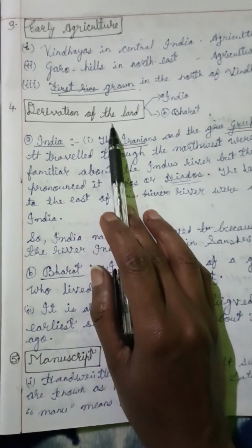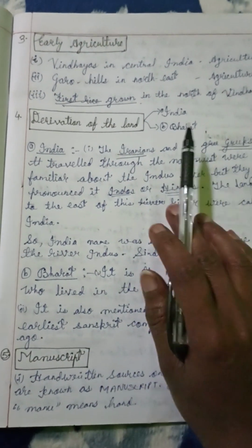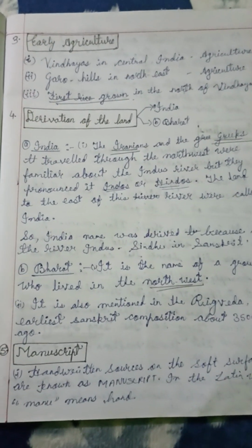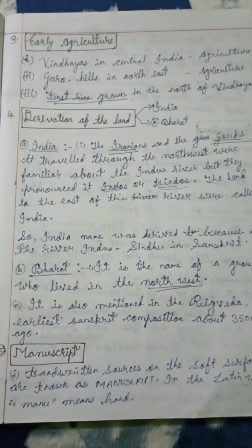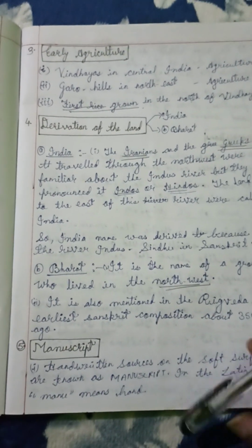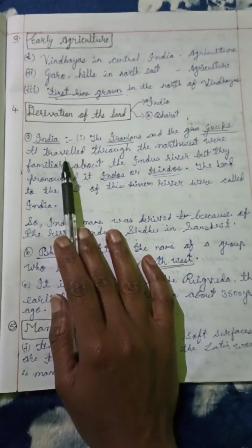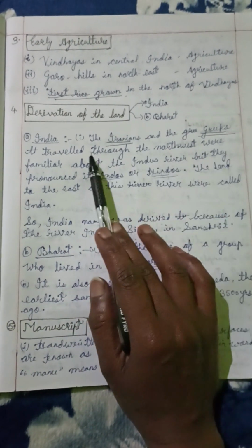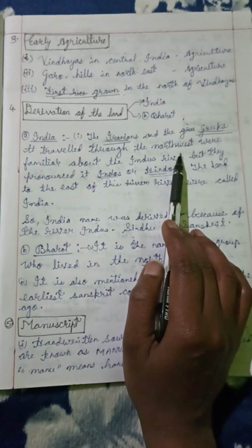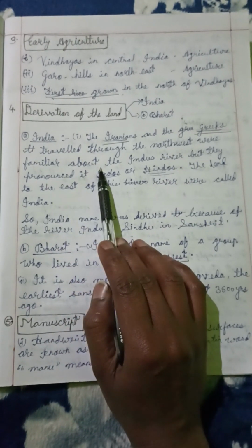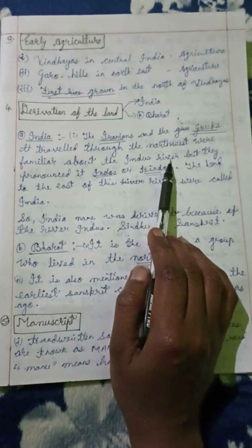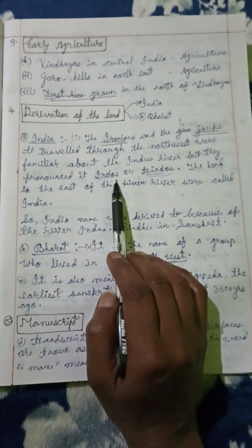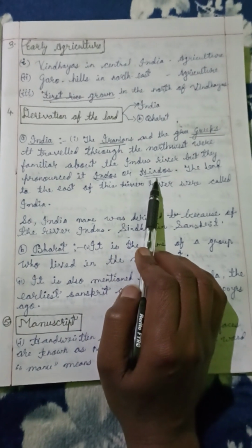Next, derivation of the land, India and Bharat. We will see how India was derived and how Bharat was derived. First, India. The Iranians and the Greeks traveled through the northwest and were familiar with the Indus River, but they pronounced it Indos or Hindos.